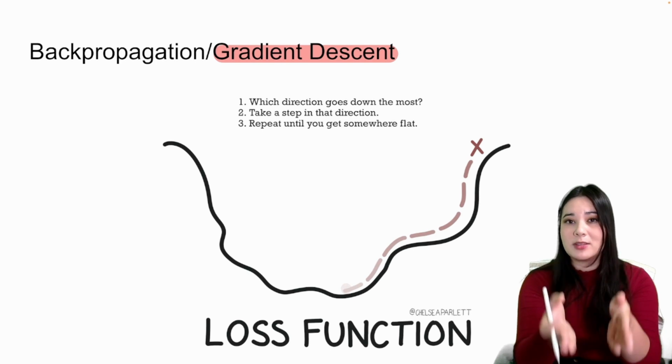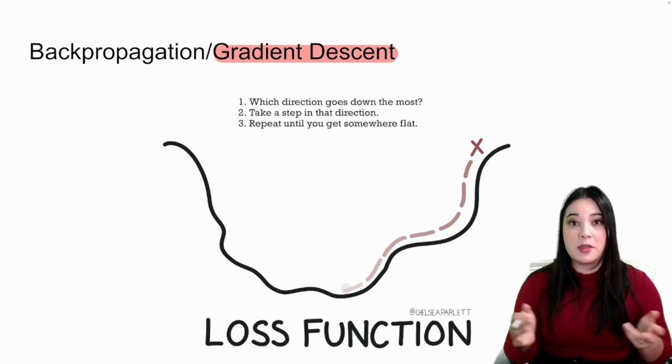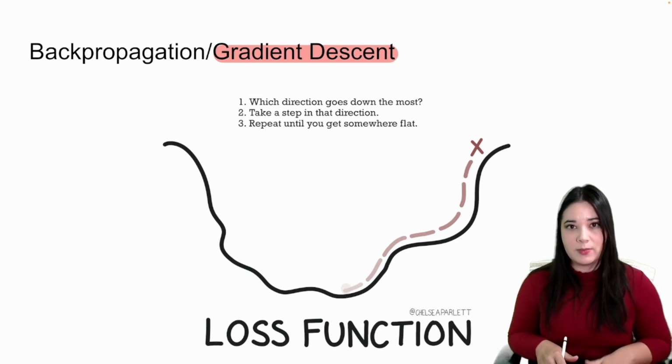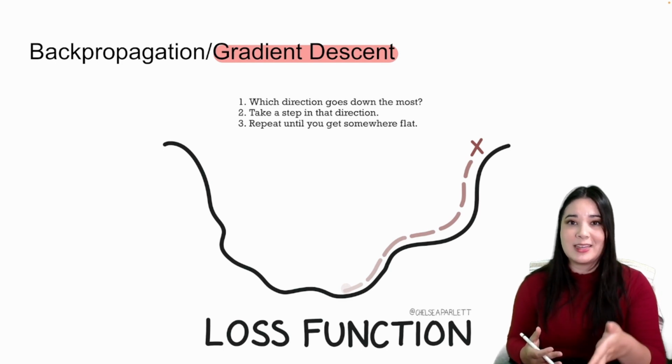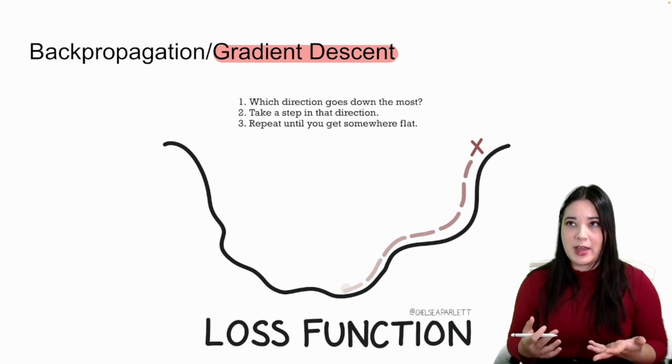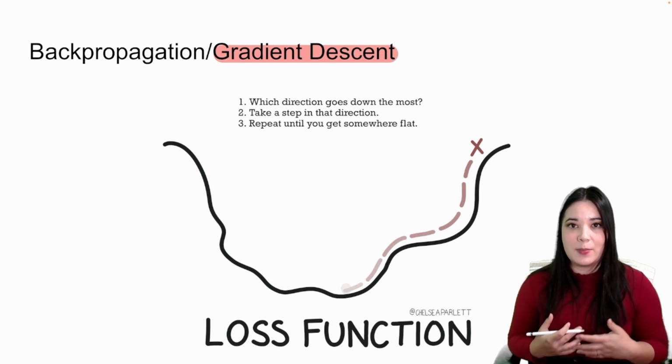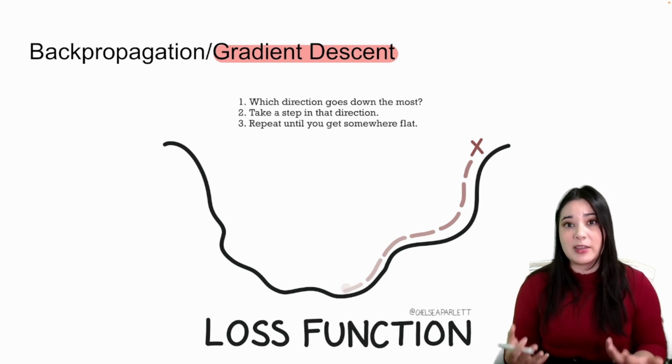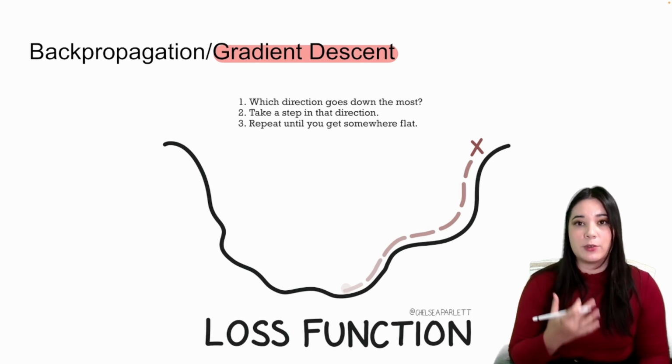Then you could take one step in that direction. Then you could get down, feel the ground around you, and repeat, always taking a step in the steepest direction downhill. Well, when you do that, hopefully at the end, you'll end up at the valley, the bottom of the hills. That's the idea with gradient descent.